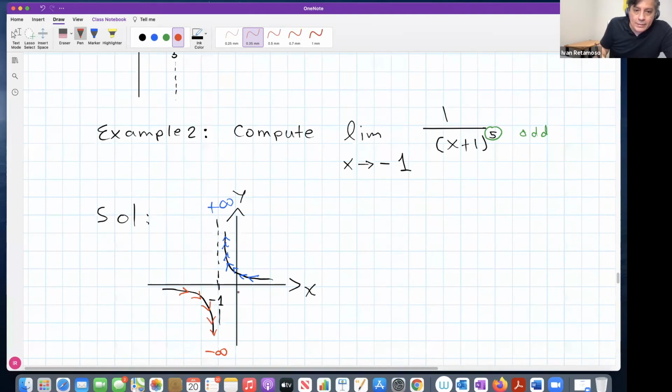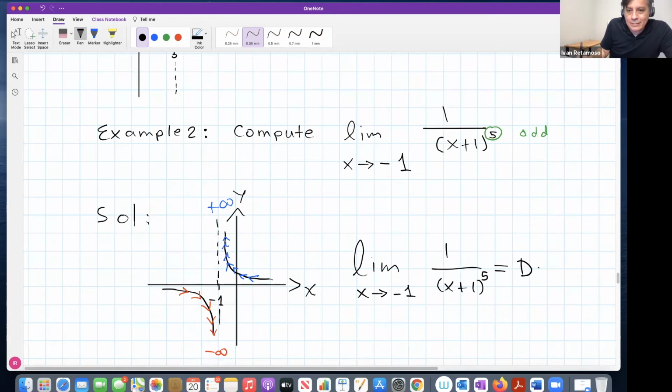No convergence, they're going to different destinations. So conclusion, the limit of 1 over x plus 1 raised to the 5th power as x approaches -1 from the left and from the right simultaneously does not exist, DNE, because these two are different.